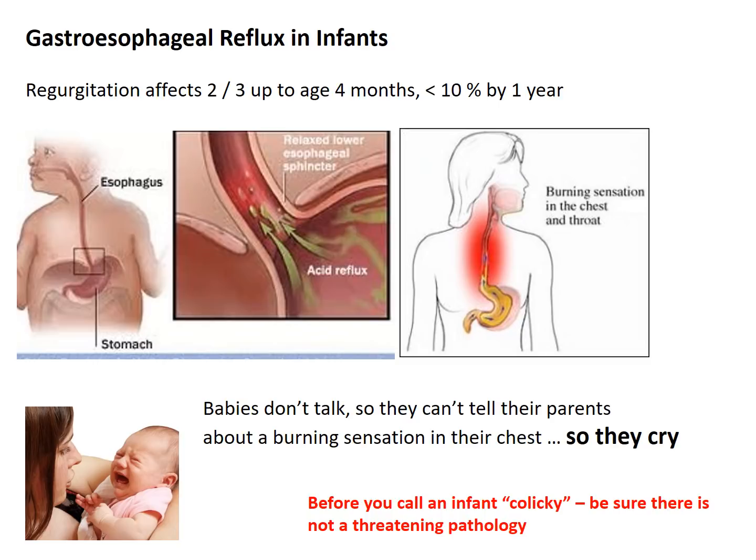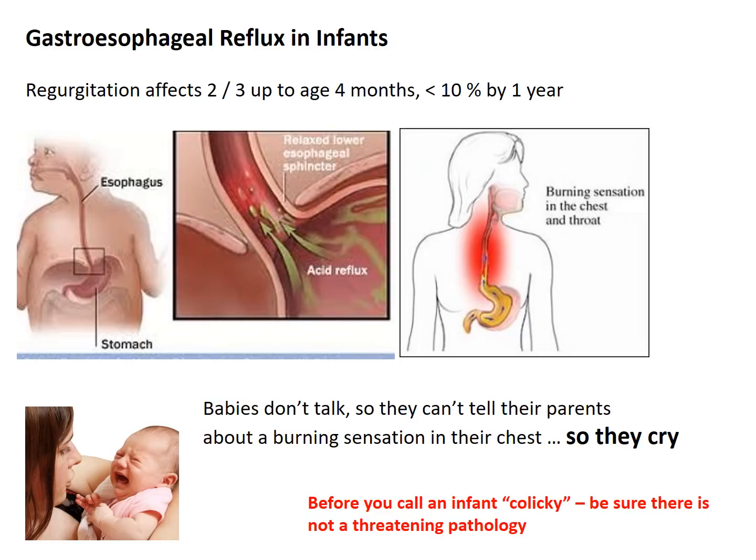So while a lot of infants have gastroesophageal reflux and get irritable, we don't want to call the infant colicky if there is more significant threatening pathology going on.